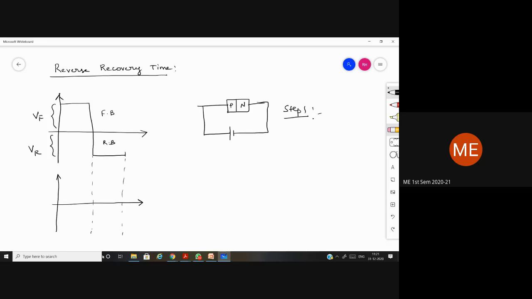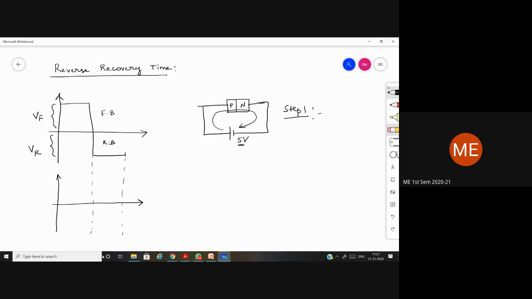So when I connect it in forward bias condition and I have fixed a good voltage of 5 volts, can the diode become forward biased? Yes, it can become, right? Because it is greater than the required threshold. So now the current will be flowing.